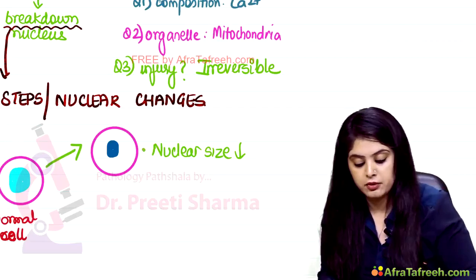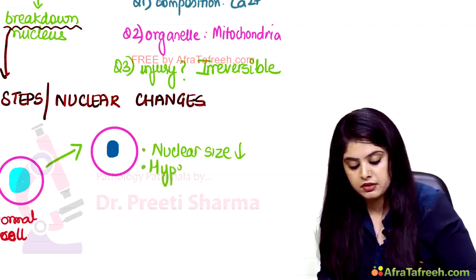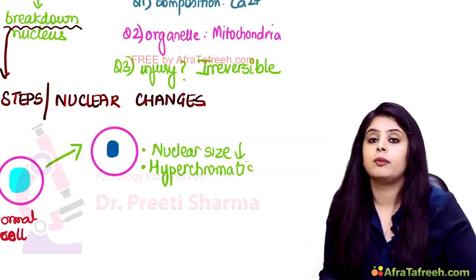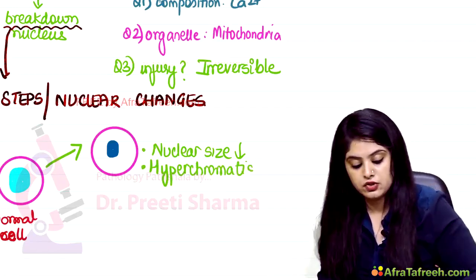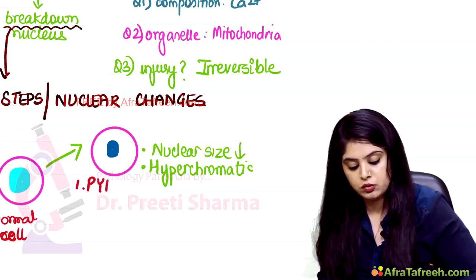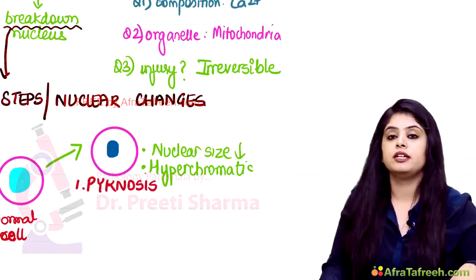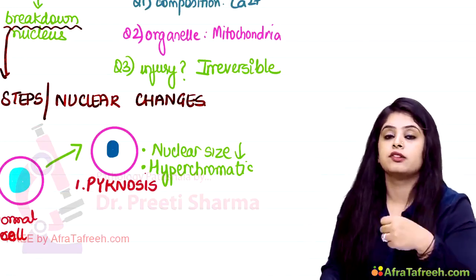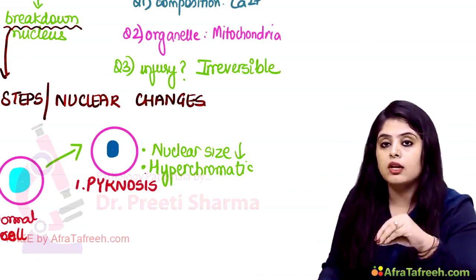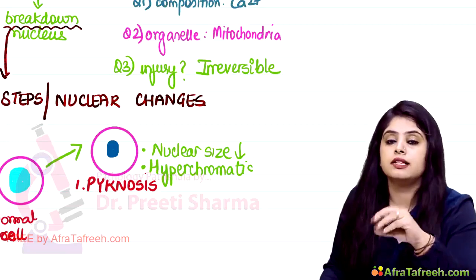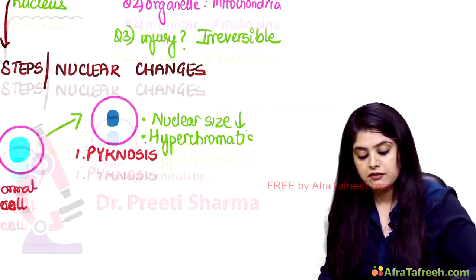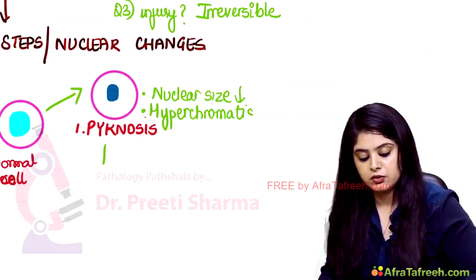It becomes dark blue, that is, it becomes hyperchromatic. This change, the first change, is known as pycnosis. So when the nucleus starts to break down, first it undergoes pycnosis. That is, the nucleus is going to become smaller and darker in color. That is pycnosis.